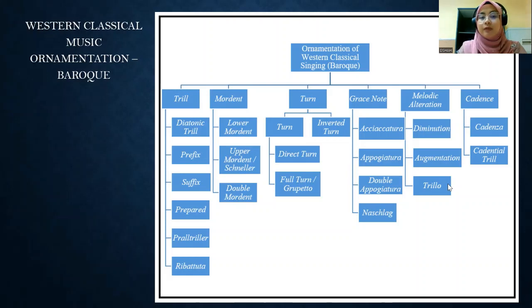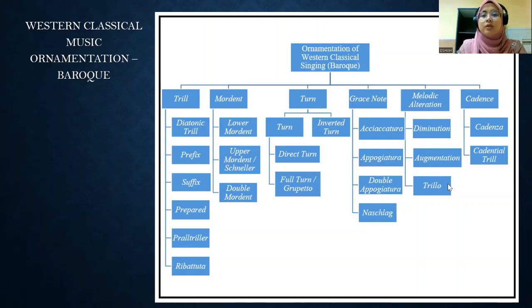For trill, we can divide it into several: the alternate trill, prefix and suffix, which is the intro and the front parts before the trill and also the end part after the trills, prepared trill, proud trill, and batuta. For morgan, we have lower morgan, upper morgan, and schnatter, and also a double morgan.